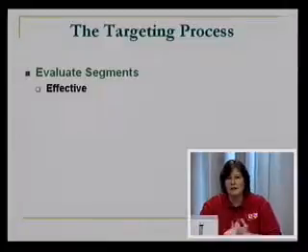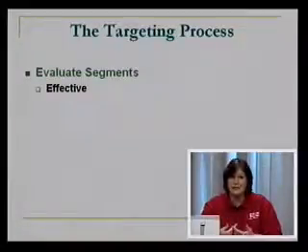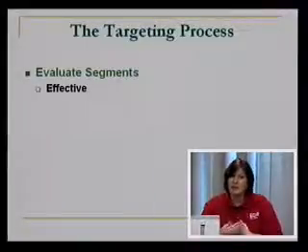So we want to make sure, first of all, that we can reach them effectively. We are going to be able to offer a product or a service that meets their needs and that's competitive. We're going to be able to get in there and offer them something that they're not currently getting from the competition.